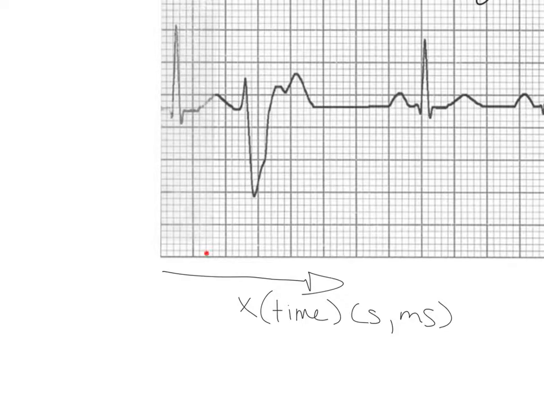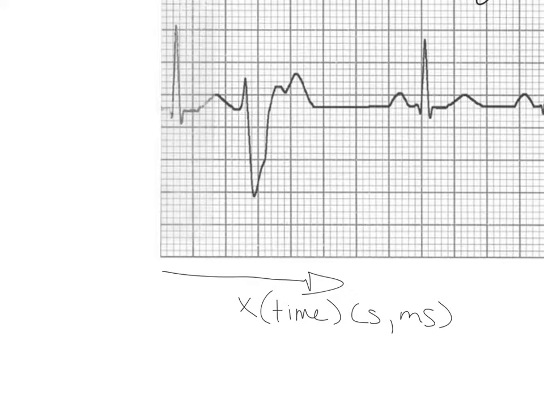We have a couple of small boxes that are lining up horizontally from one bold line to the next. Okay? They're lining up. So those 5 small boxes, count them, 1, 2, 3, 4, 5, are going to be a measure of time. Each individual small box is a measure of time.